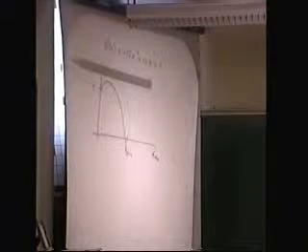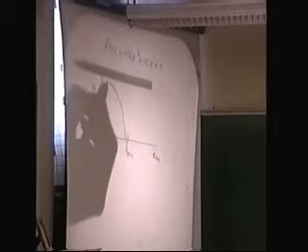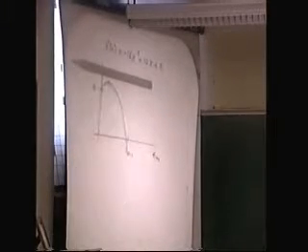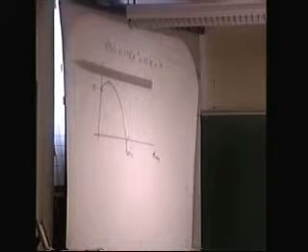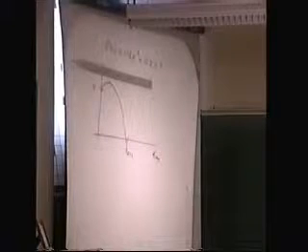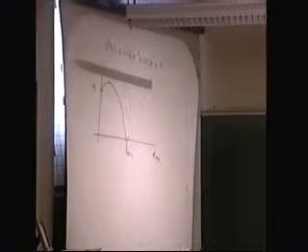But there is that instant of time where it actually stops. That's going to be its maximum height, isn't it? In other words, its velocity is 0 at its maximum height.